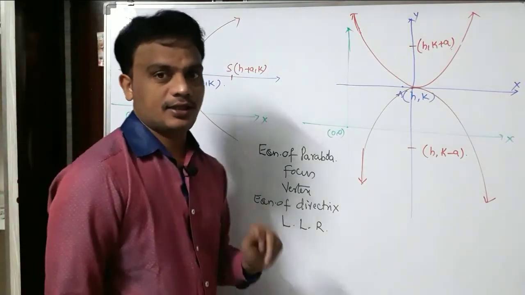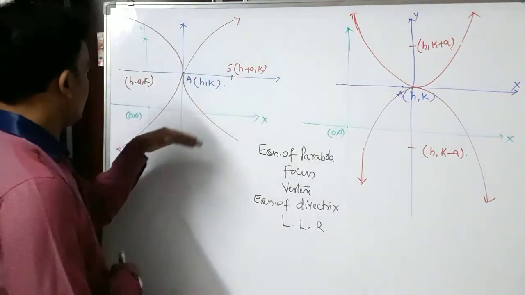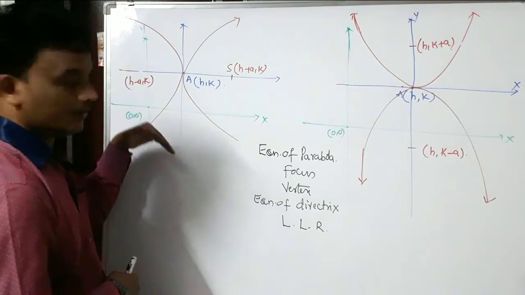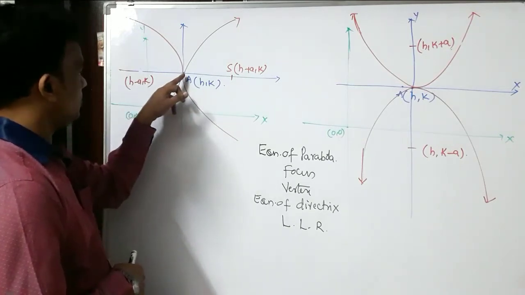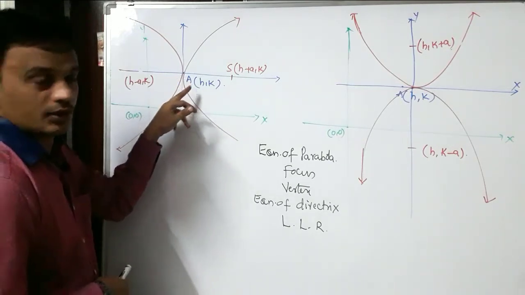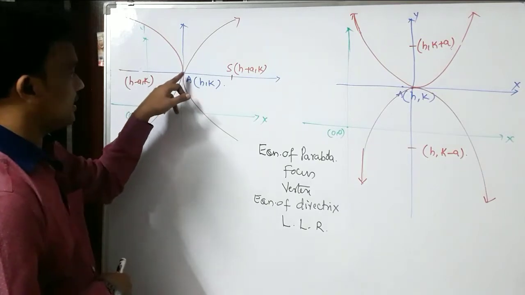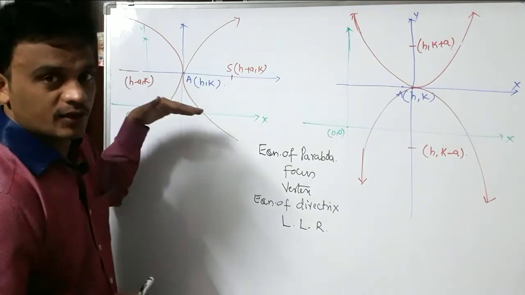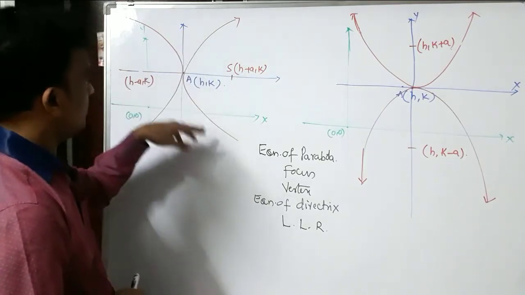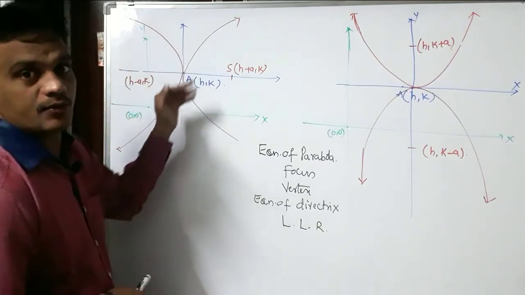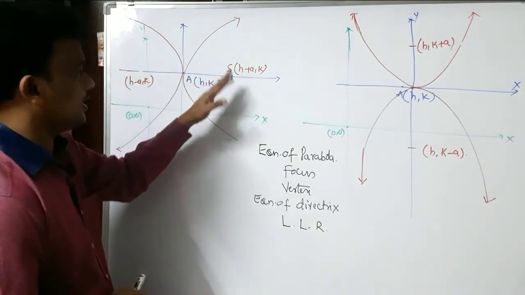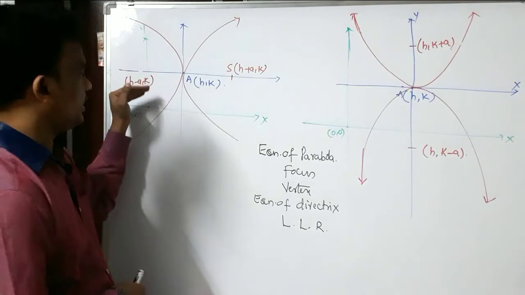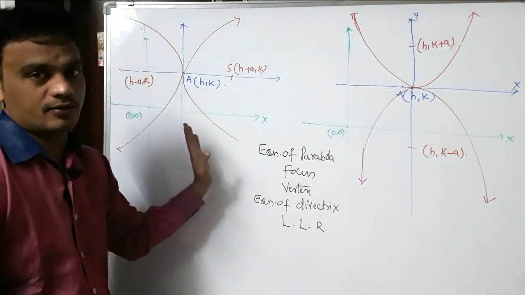The origin is shifted to the point h, k. In that situation, what are the different forms of the parabola, the equations of the parabola, the focus, and the equation of the directrix? Like this, we are going to find all those things.